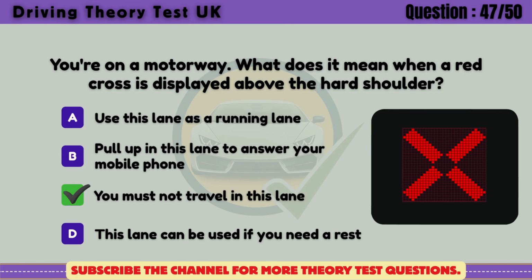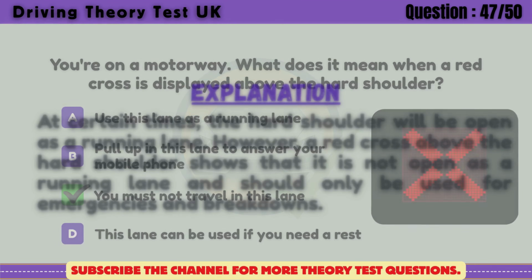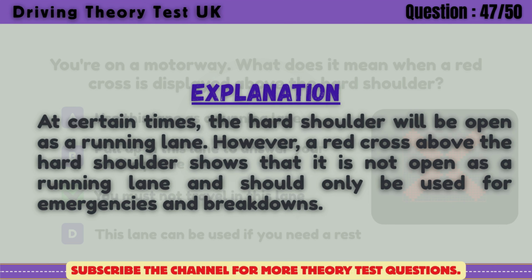Answer is C. You must not travel in this lane. At certain times, the hard shoulder will be open as a running lane. However, a red cross above the hard shoulder shows that it is not open as a running lane and should only be used for emergencies and breakdowns.